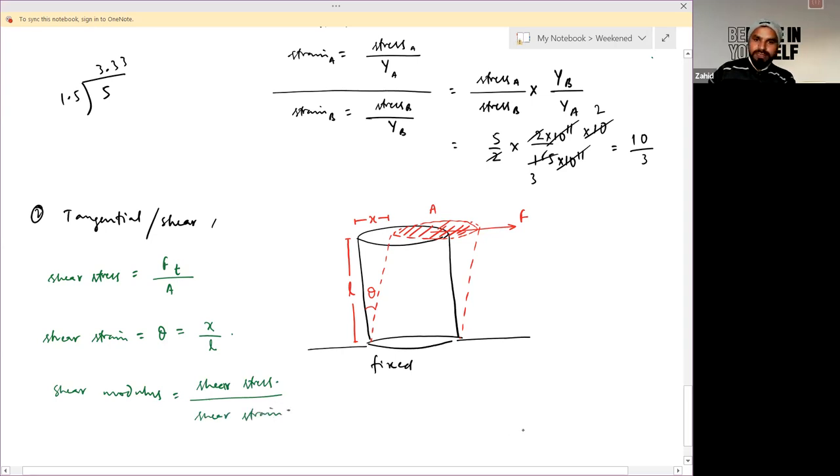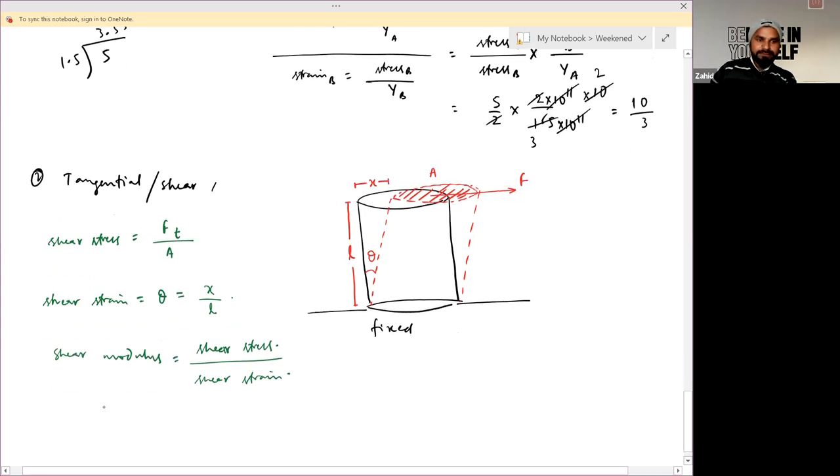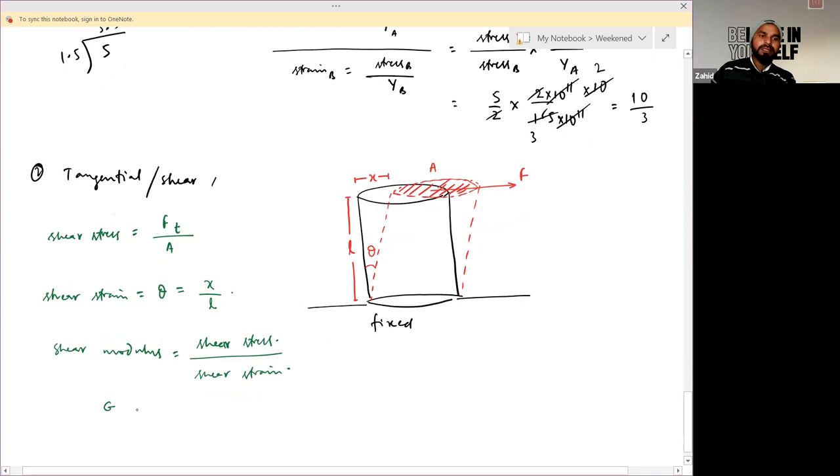So modulus of elasticity in this will be denoted by G equals to shear stress, F tangential over area of cross section, divided by shear strain theta. So it would be F divided by A, theta equals to x by L. So this will be shear modulus.